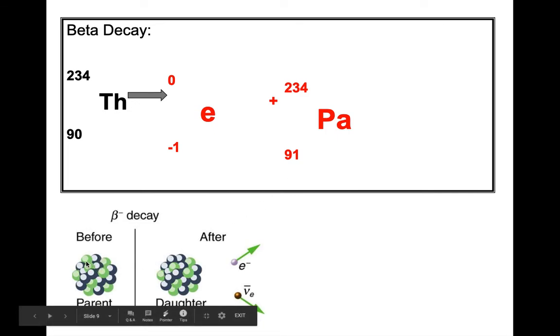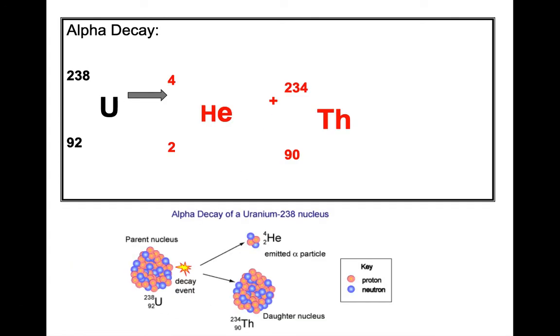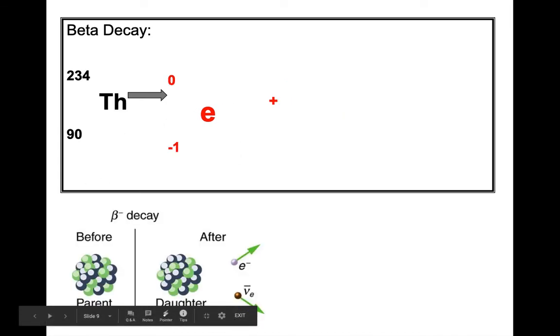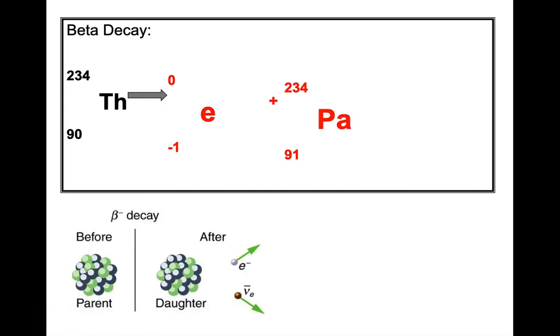But that conversion, neutron to proton, doesn't change its mass. Now, the other thing I want to mention here is that these alpha decays and beta decays also emit energy. They also typically emit gamma radiation. But again, gamma radiation has no mass, so it doesn't change the atomic number or the atomic mass.